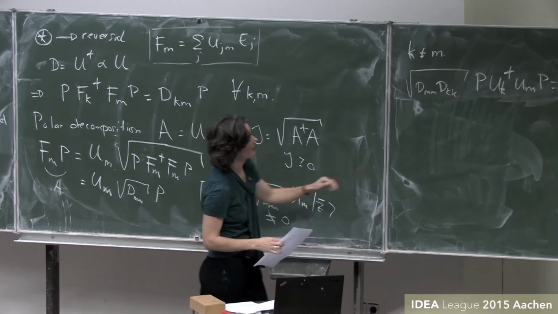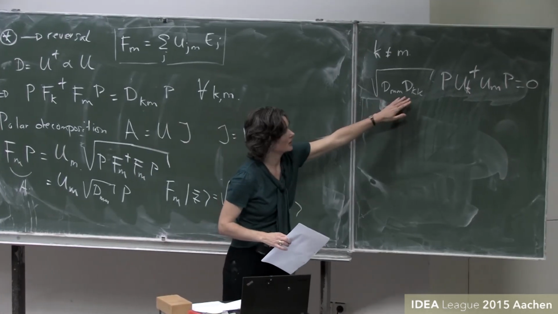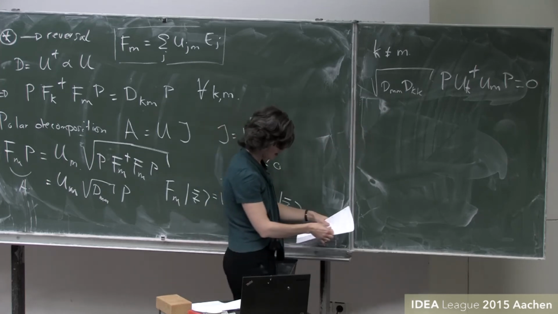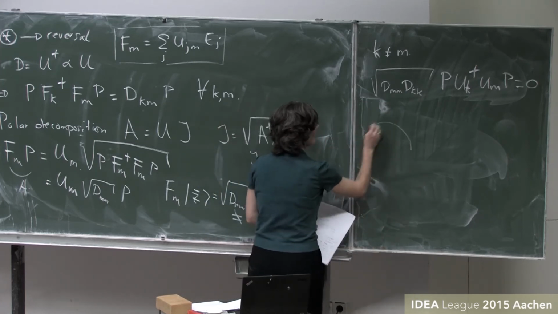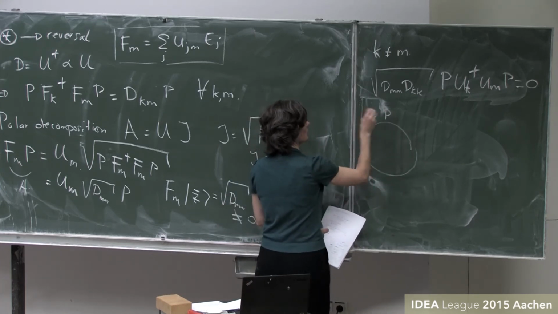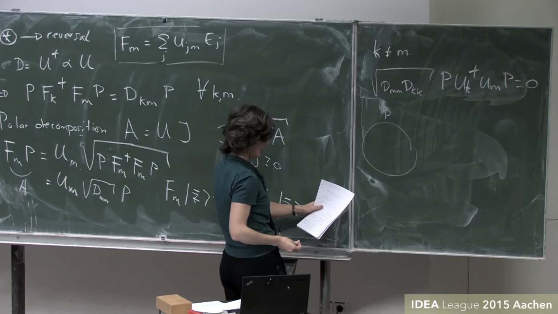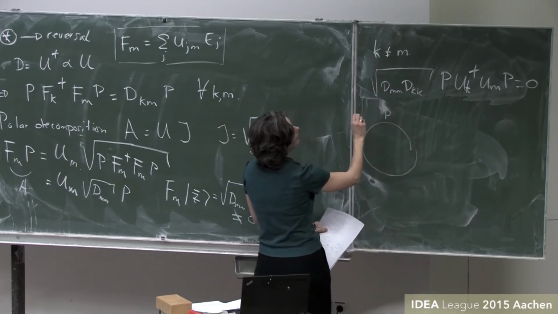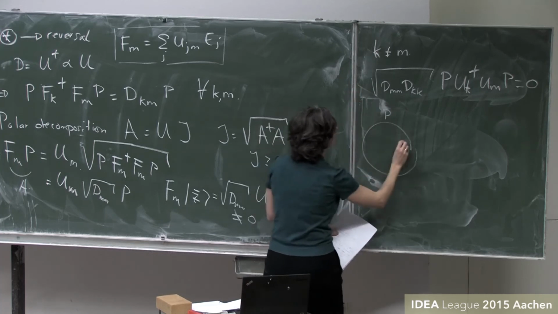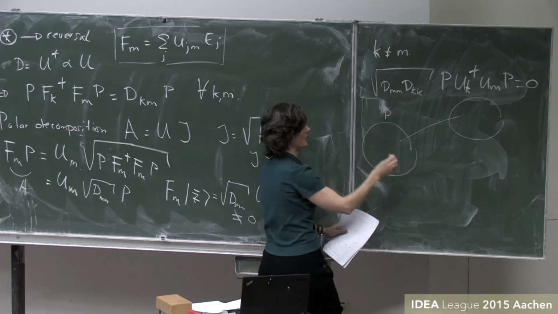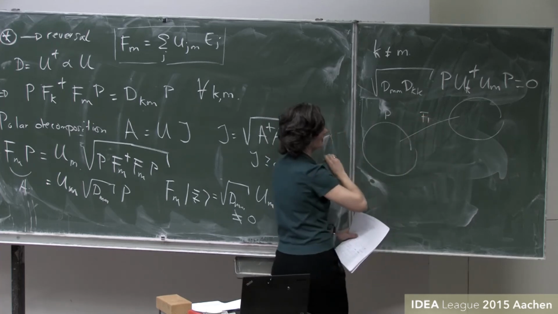So what this says, and I'm assuming these coefficients are non-zero, otherwise it's kind of trivial, but what this says in words is that if I have my code space, some subspace with some projector P, then for error k, this is mapped onto some other space by a unitary transformation. So this is like my F_1 does this.